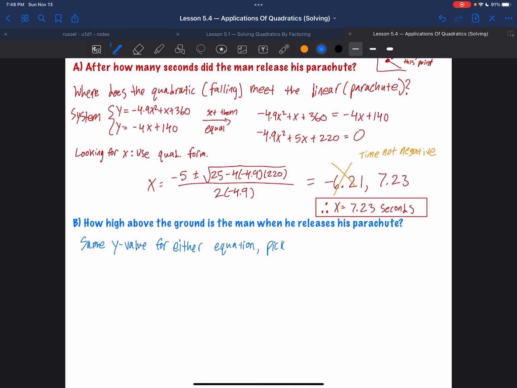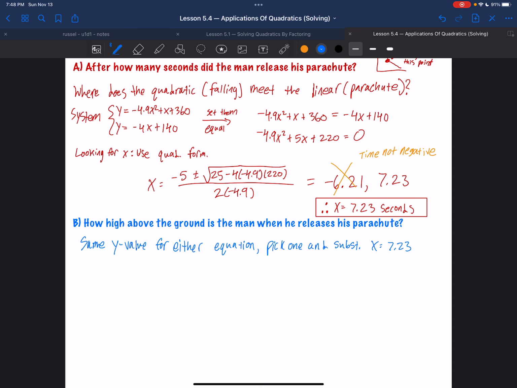Pick one and substitute x equals 7.23. That's all you've got to do, because this is the time he releases his parachute. So if we want to figure out how high he was, we just plug the time into either of those equations, because both of those model the height with regard to time.